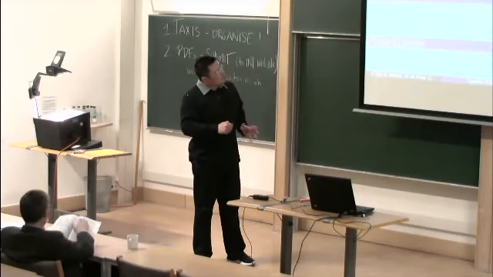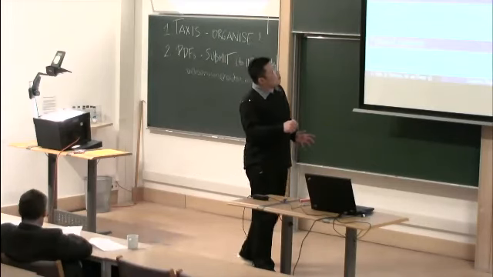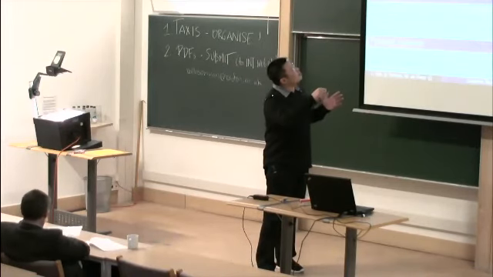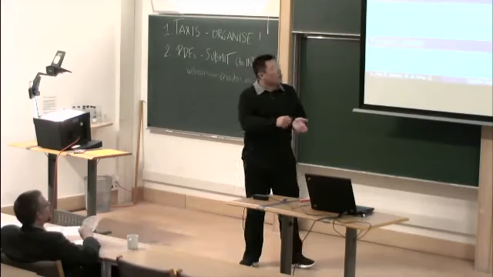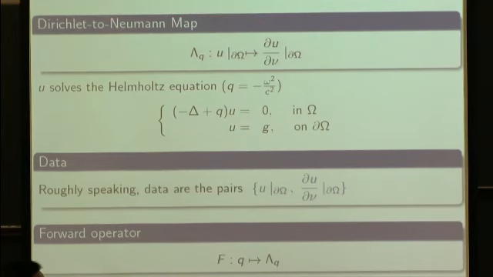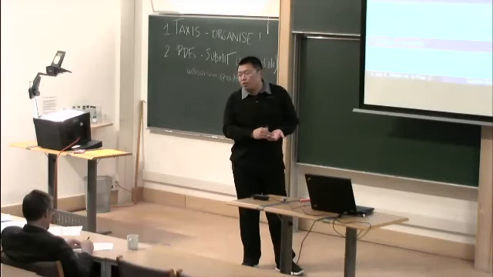Roughly speaking, you can think of this Dirichlet-to-Neumann operator as all possible pairs of u restricted on the boundary and du/dnu on the boundary. For this work, I let q equal negative omega squared over c(x) squared, where omega is the frequency and c(x) is the variable velocity model.